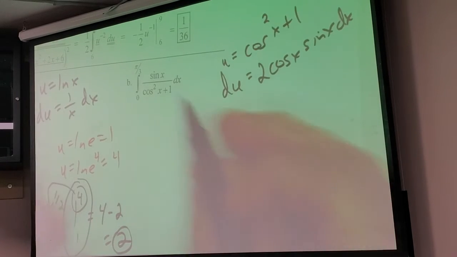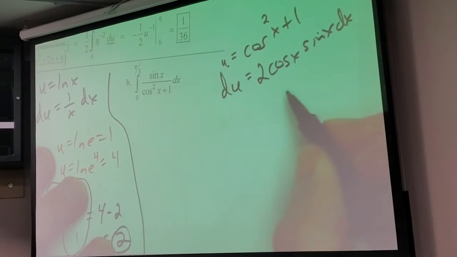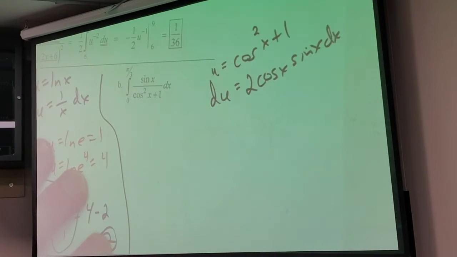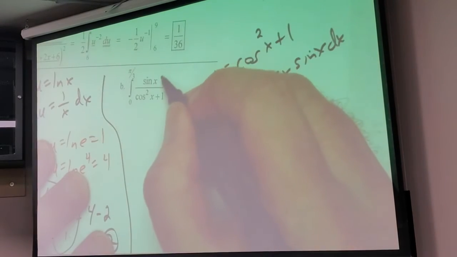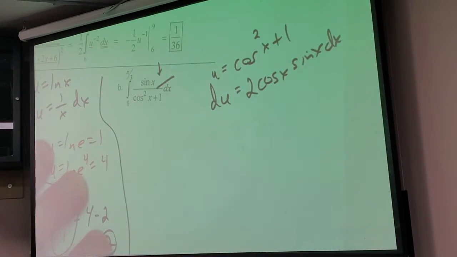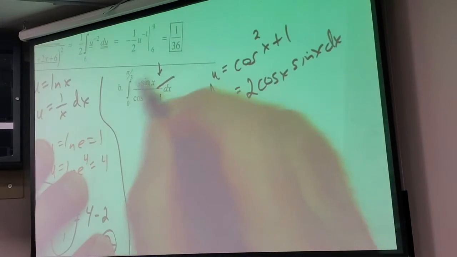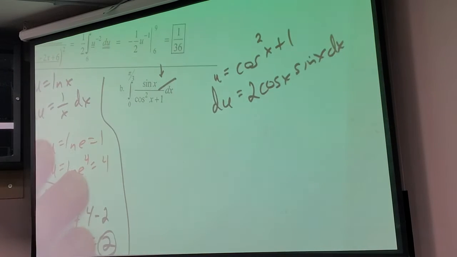I don't know why I put such an evil problem here, but it did. So what I need to do then, do you see how I'm missing a cosine x right here? So I can't do this directly. I could either try to attack this with trig identities.